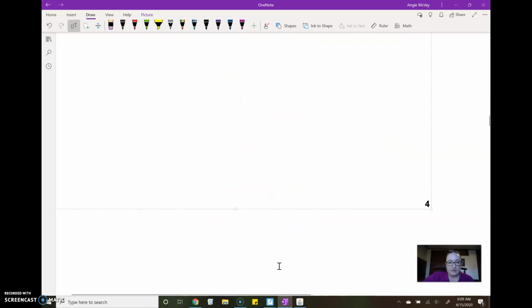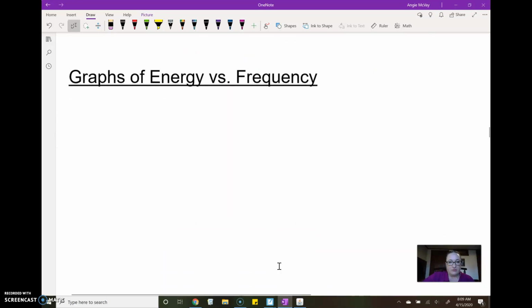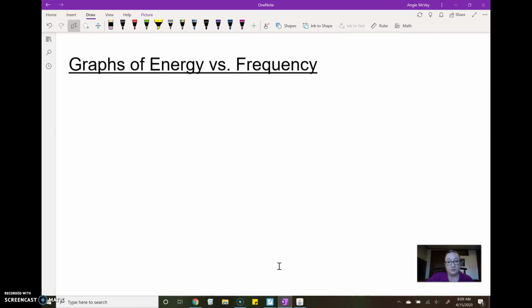All right, so let's take a look at the graphs that you should have produced. I did see on the Google Classroom that a few of you did produce graphs from the simulation, but there were some conversion issues there. So I'm gonna draw up what we expect those to look like.